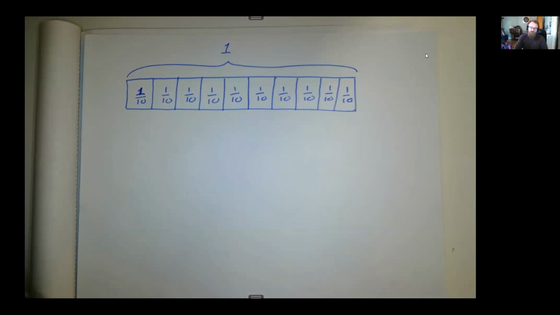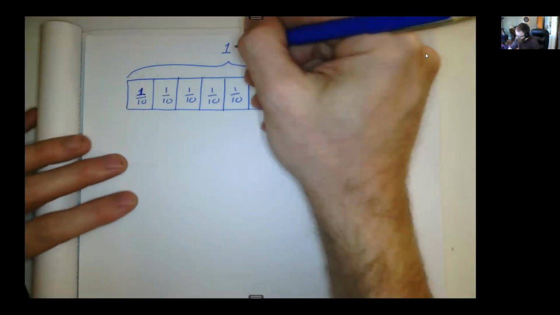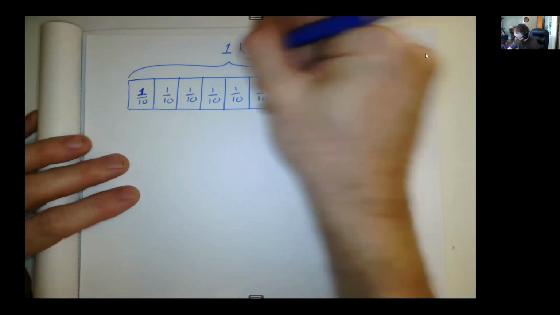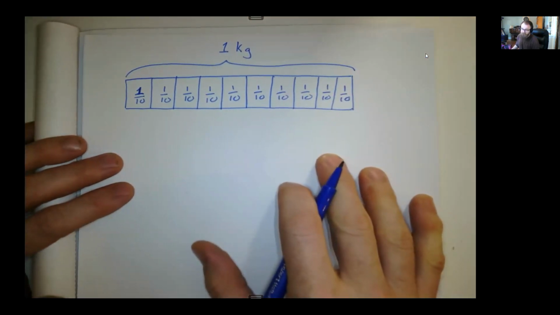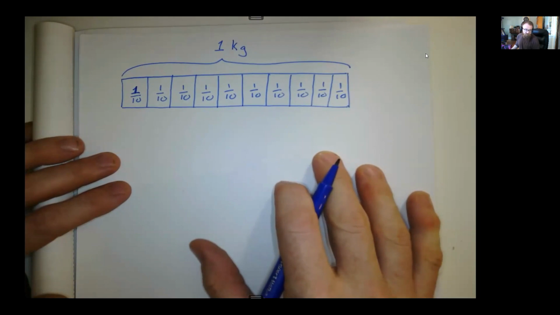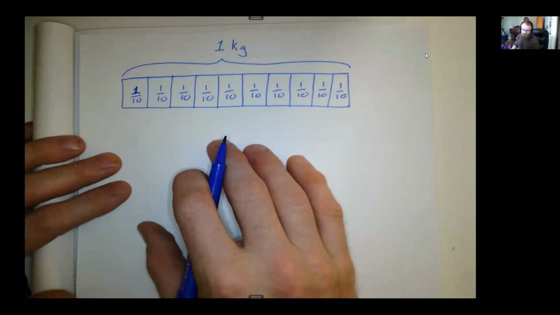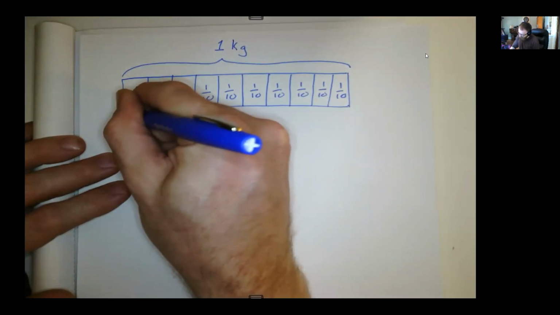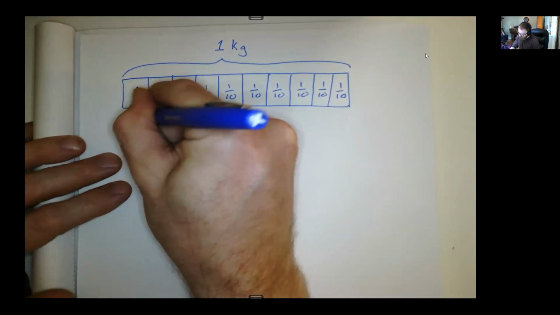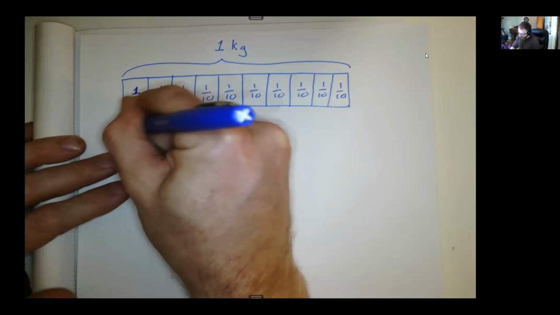We're going to assign each of these parts and our whole a metric value because our objective today is to use the metric system of measurement to represent parts of a whole. So, without going over all of our metric measurements, we're going to use kilograms today, okay? All we need to know is if we have 1 kilogram here, each of these parts represents 1/10 of a kilogram.